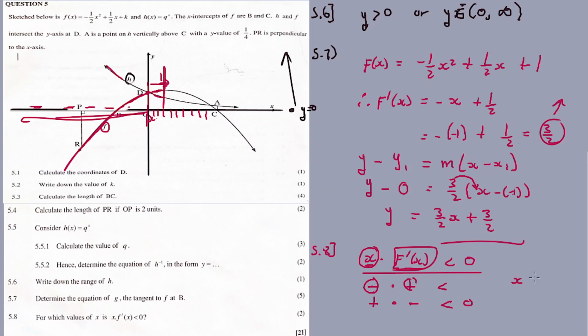So therefore, whenever x is less than 0, this is true, right? After 0, the gradient is positive, then the x values are positive, positive, positive, until I reach point C. Where the gradient is negative, then my x is positive.